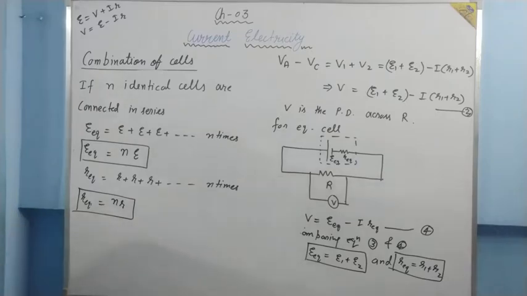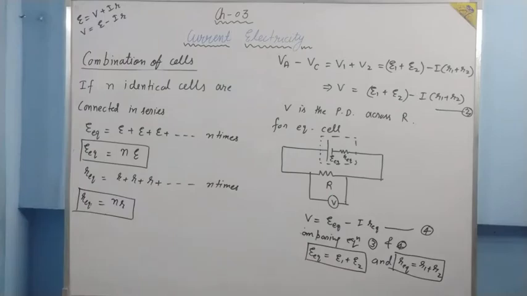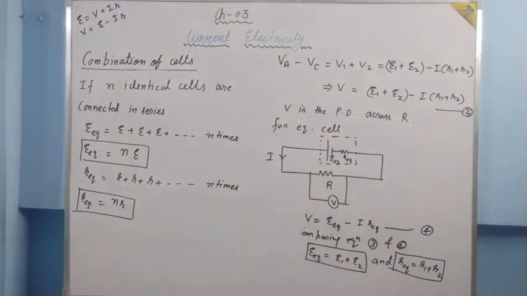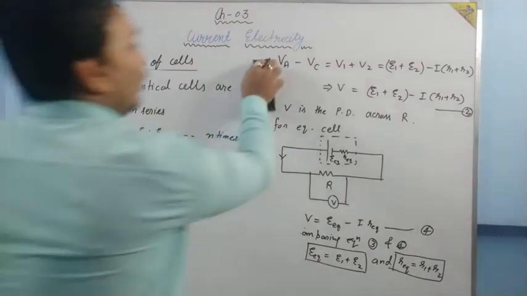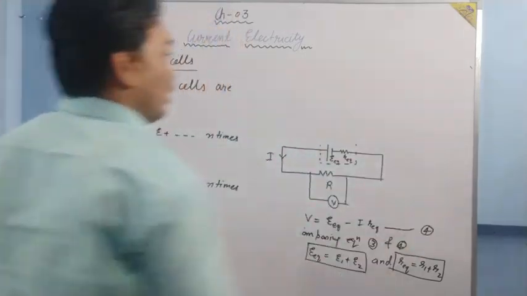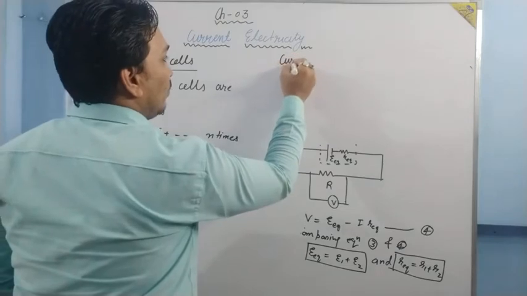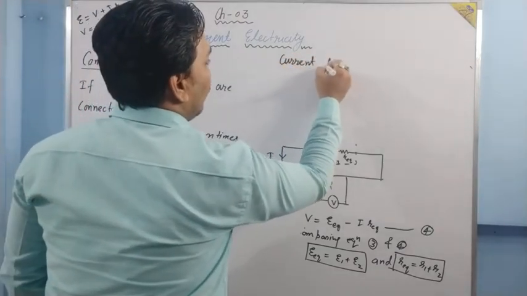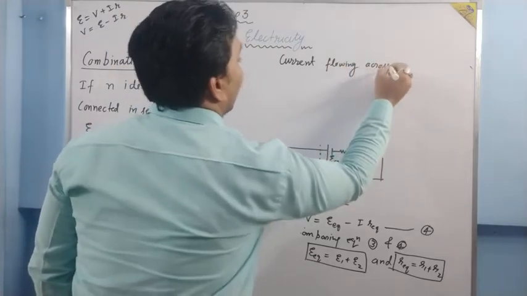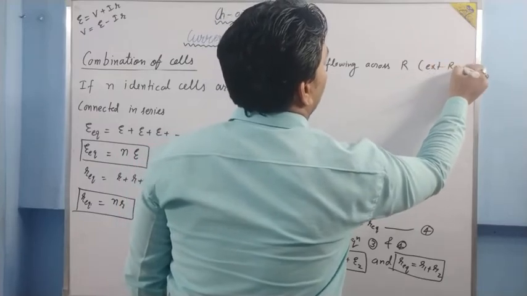So suppose this is the circuit. E equivalent, R equivalent and capital R are there, and current is obviously flowing in this direction. For this circuit, what will be the value of the current flowing across capital R, which is basically the external resistance?